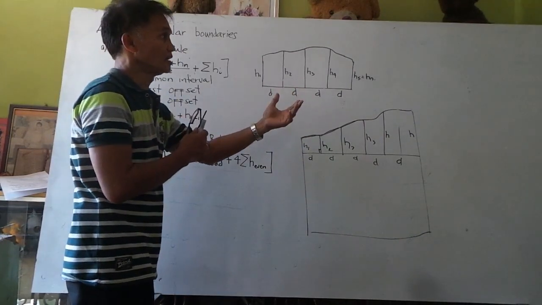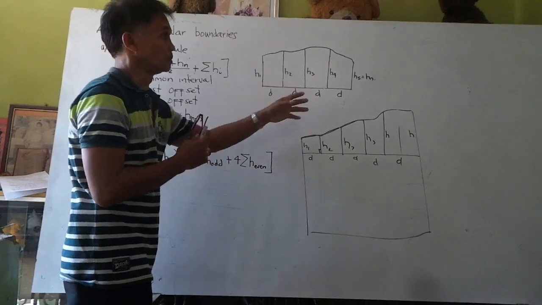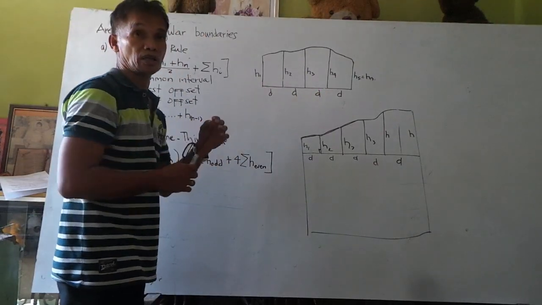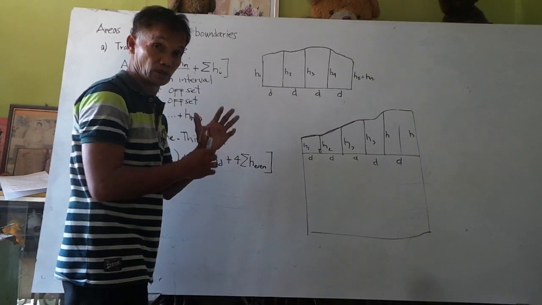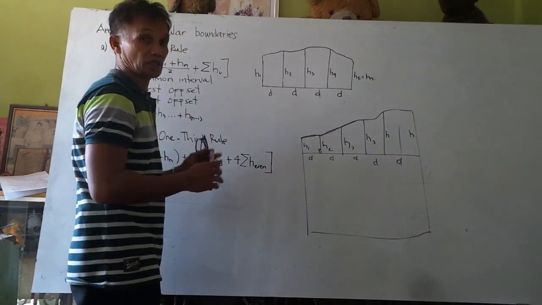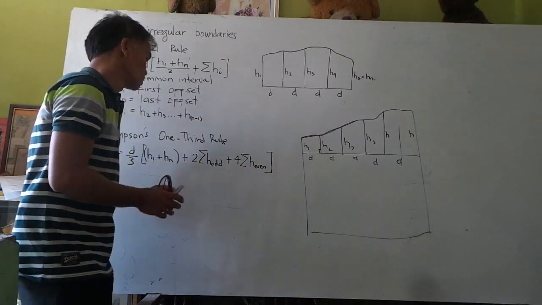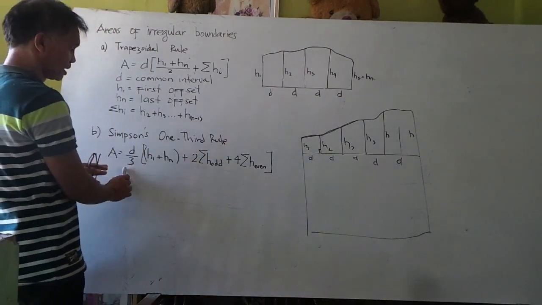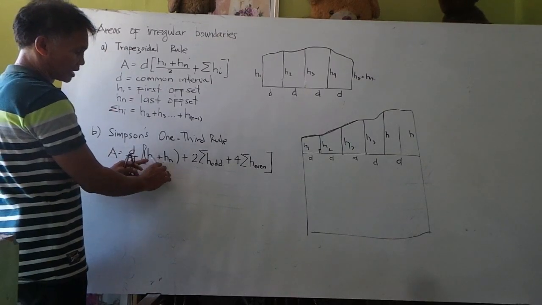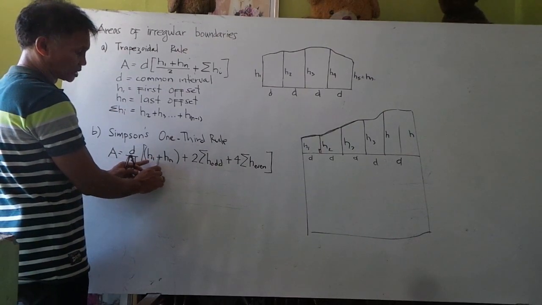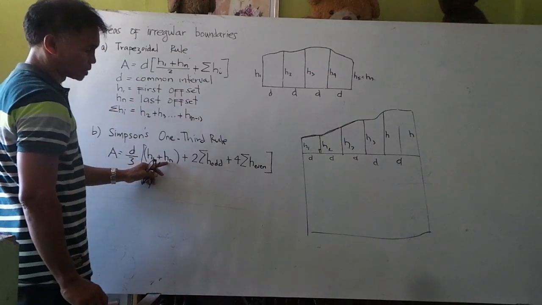The other area which has the same interval, you can solve by the area of the trapezoid, then add it. The Simpson one-third formula: area equals D over 3 times the first offset plus the last offset, plus the other terms.